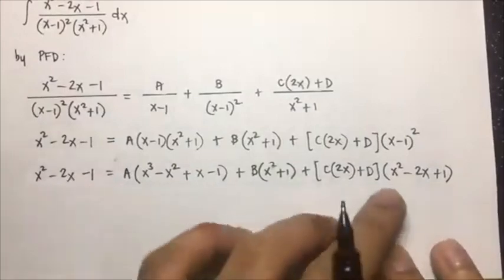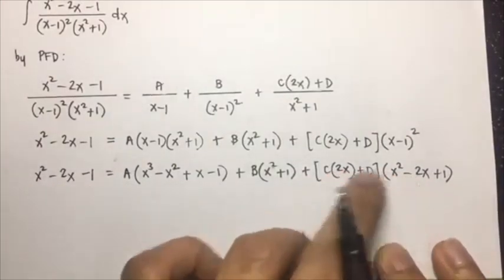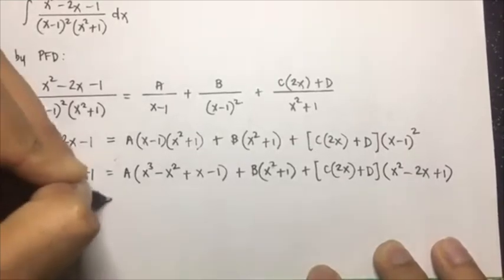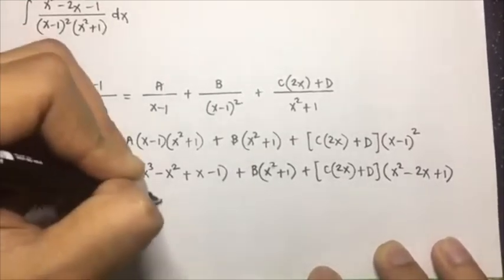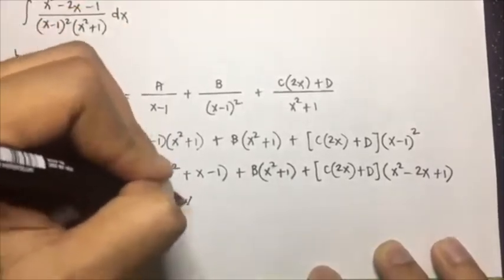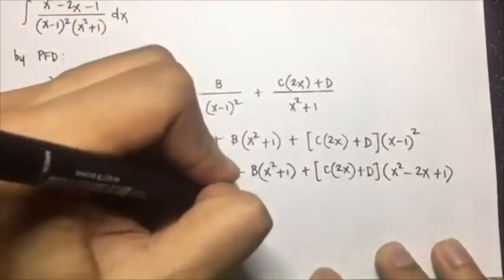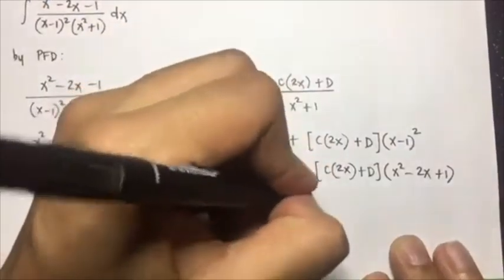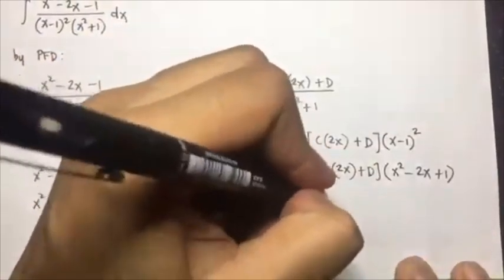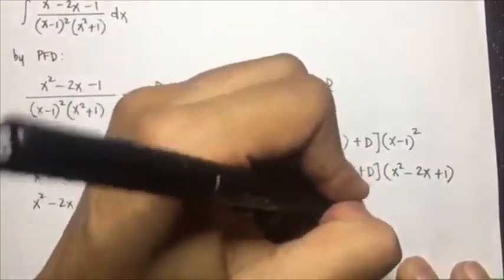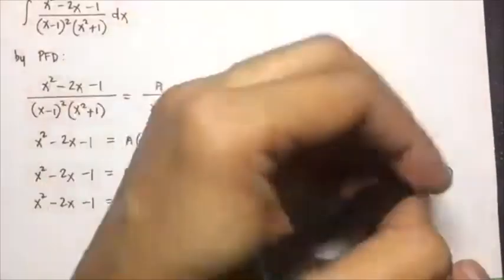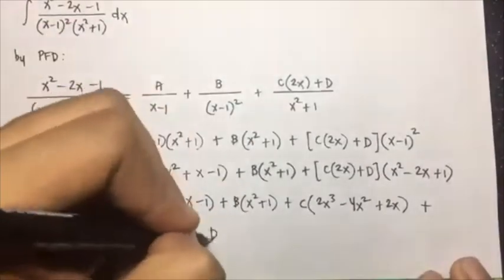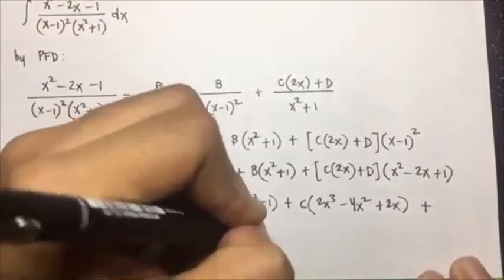So distributing this, x squared minus 2x minus 1 is equal to a times x cubed minus x squared plus x minus 1 plus b times x squared plus 1 plus, multiplying 2x for each of the terms, we will have c times 2x cubed minus 4x squared plus 2x, and then plus, for the last term, d times x squared minus 2x plus 1.